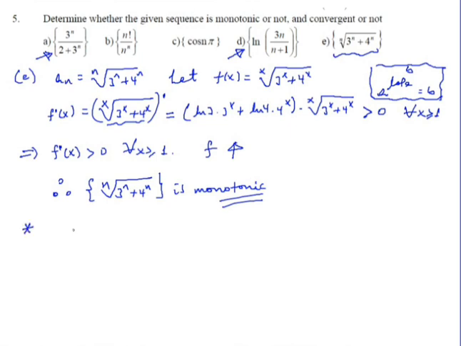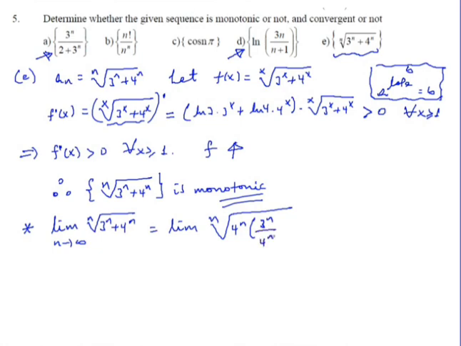Next, we check whether it is convergent. To know convergence, we take the limit of the nth term of 3 the power of n plus 4 the power of n as n approaches infinity. Technically we write this as the nth root of 4 the power of n times (3 the power of n over 4 the power of n plus 1) as n approaches infinity.